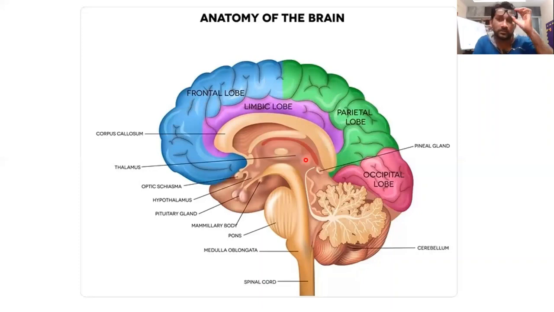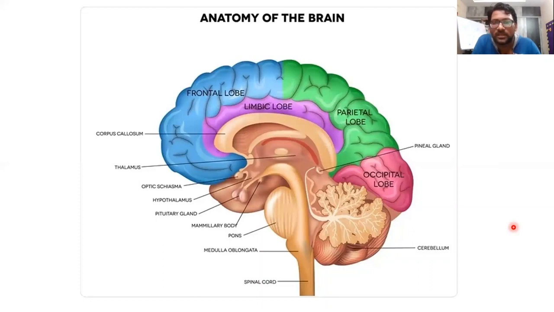The eye movement I'm making now is under the control of the midbrain. Follow this finger. If you follow this finger, your eyeballs are moving, and that is controlled by the midbrain, which lies between the pons and the forebrain.